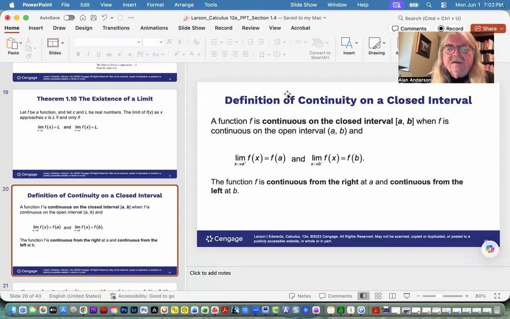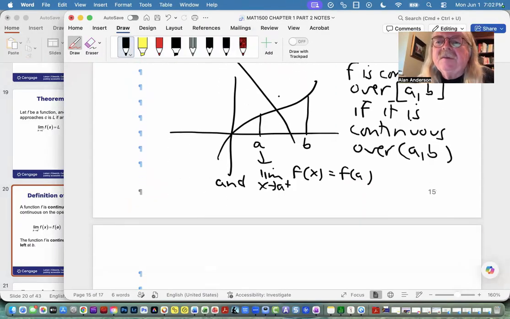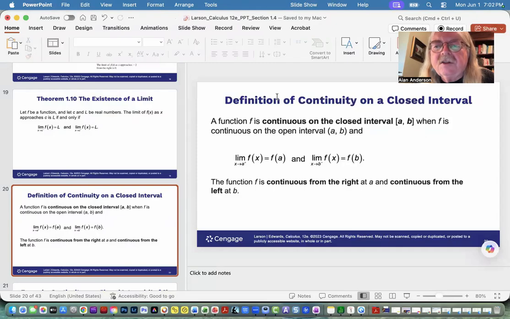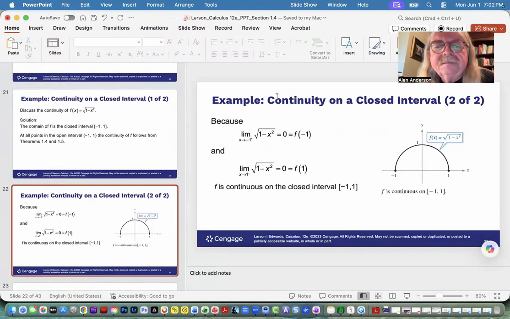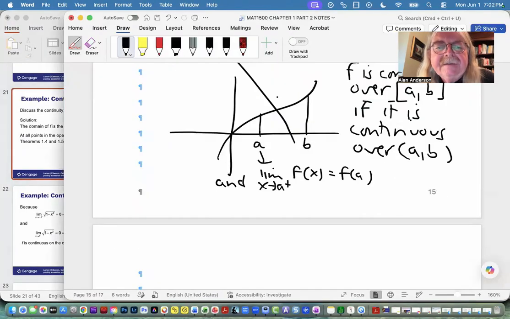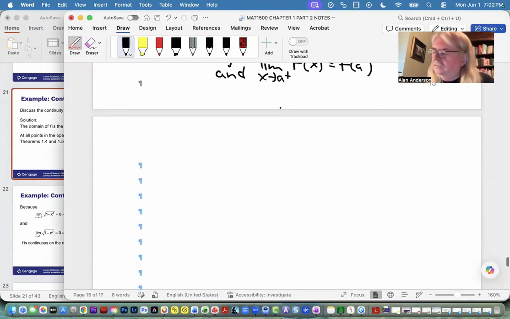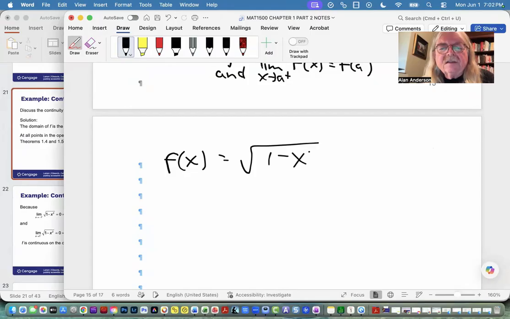Now, what we say is that it is continuous from the right at a and from the left at b. That's the terminology we'll use. Okay, now here's an example. This is just like the one we just did: f of x equals the square root of one minus x squared.